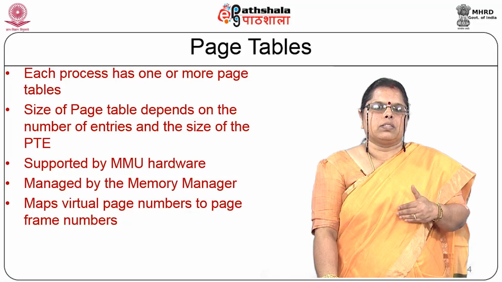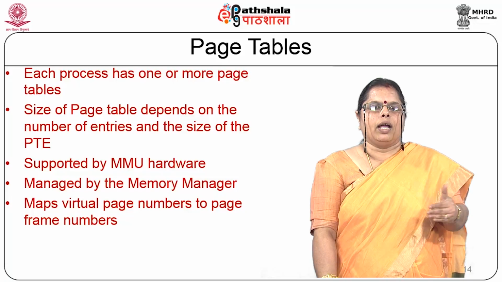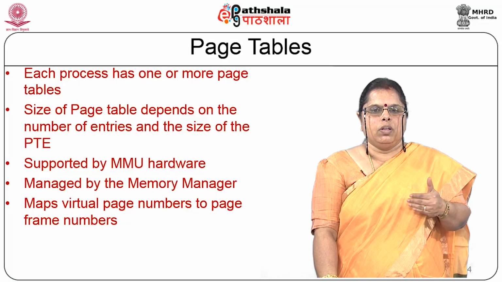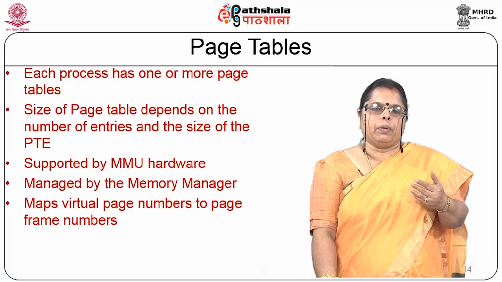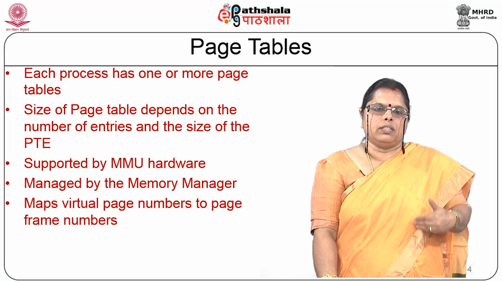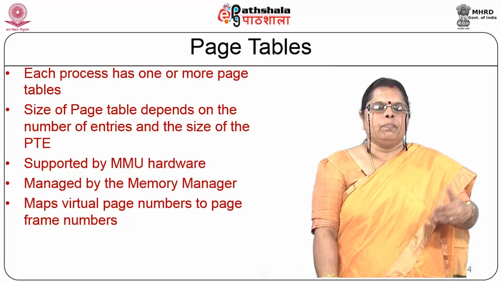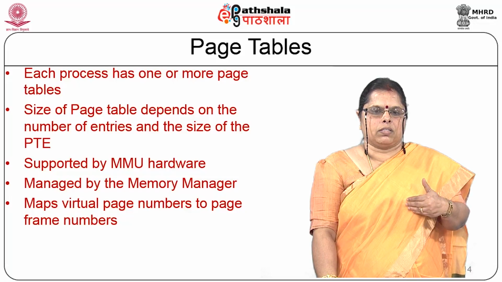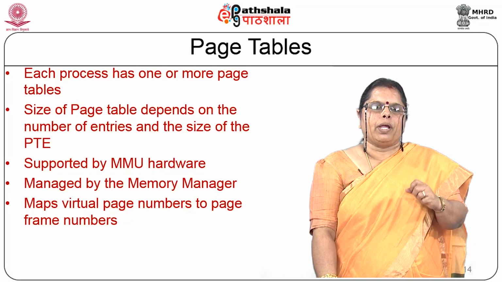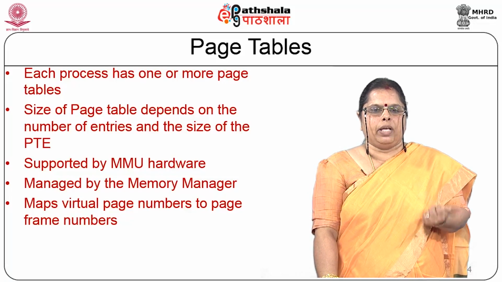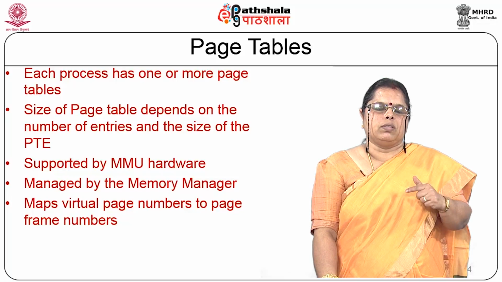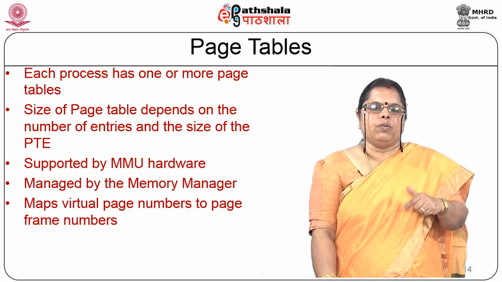So, the operating system and the hardware work hand in hand to implement the concept of virtual memory. For example, the page table base register is a register provided by the hardware. But loading the appropriate address into your page table base register is done by the operating system depending on which process is being taken up for execution.